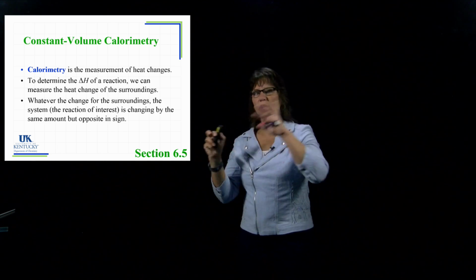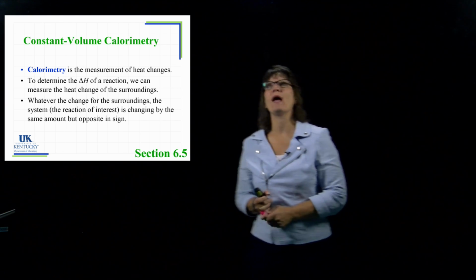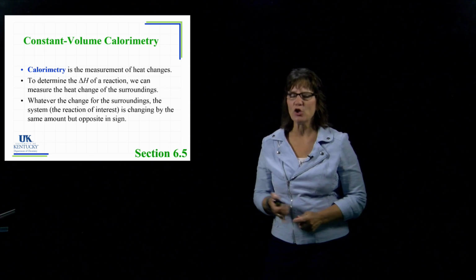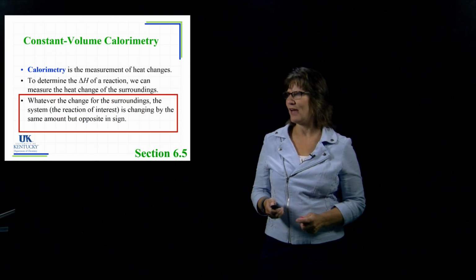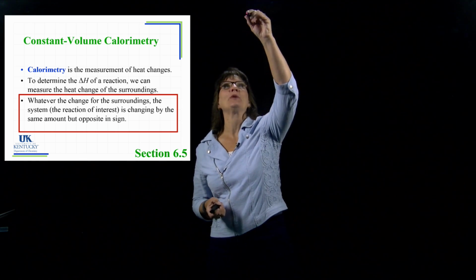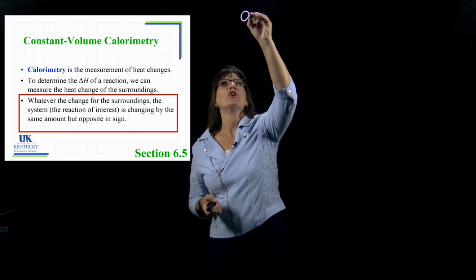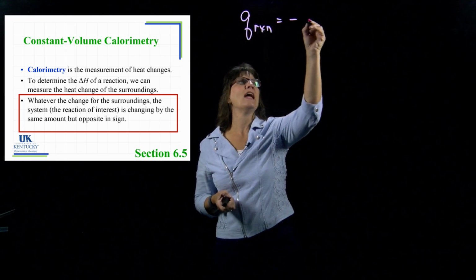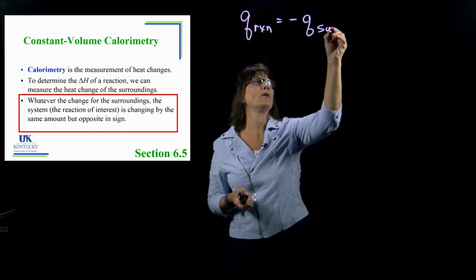Okay, so we know that whatever is happening to the surroundings can be related to the reaction. It's the exact same value, but opposite in sign. Let's mathematically write it here. So the Q of the reaction is equal to the negative Q of the surroundings.